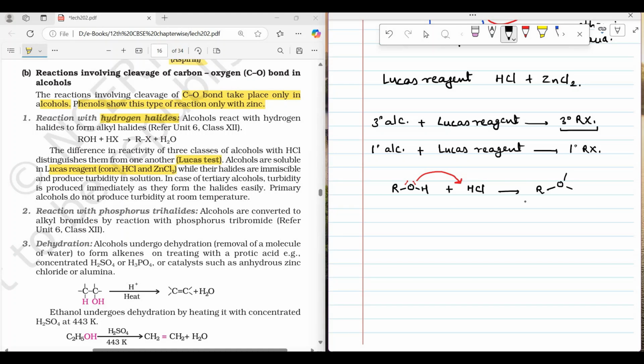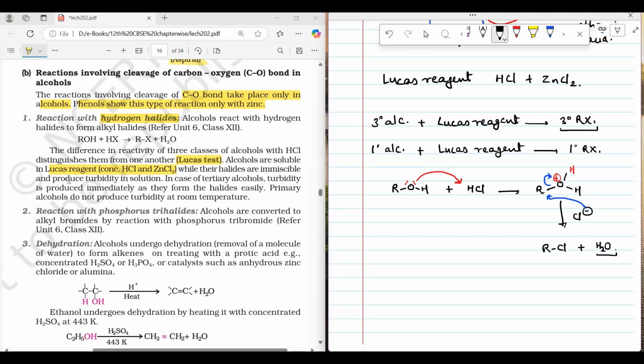In this protonated alcohol, oxygen carries a positive charge as it abstracted hydrogen from HCl. Now this protonated alcohol undergoes a nucleophilic substitution reaction with Cl negative ion and expels a water molecule. So here you will get RCl, which is alkyl halide, and water is removed as a byproduct.